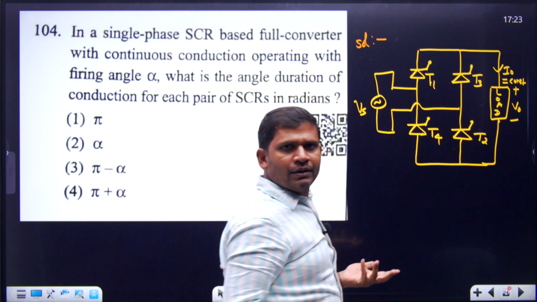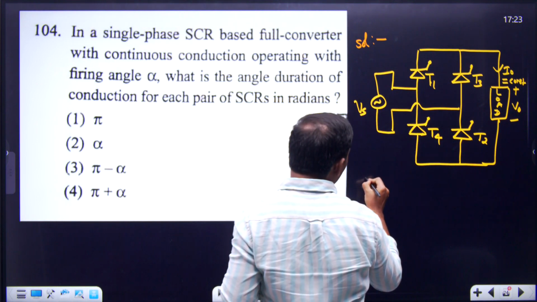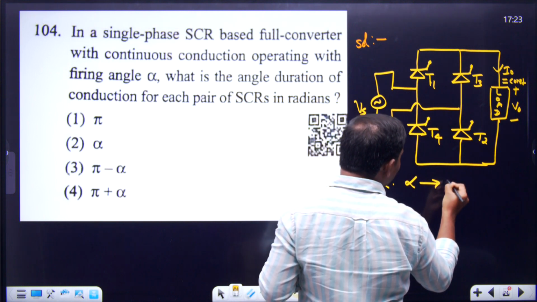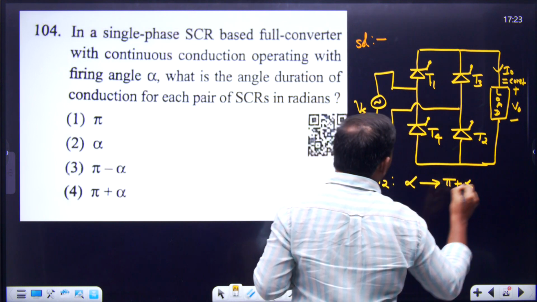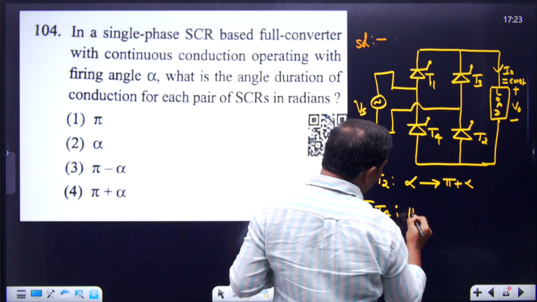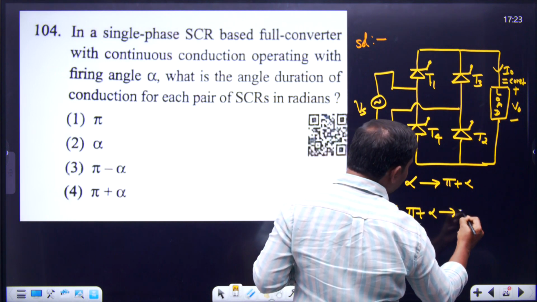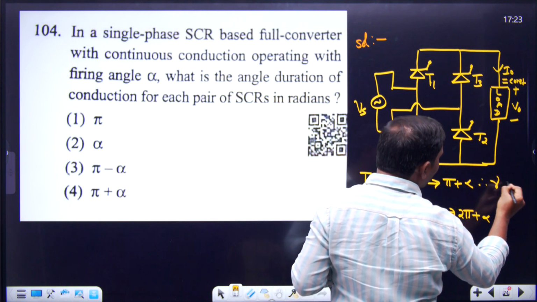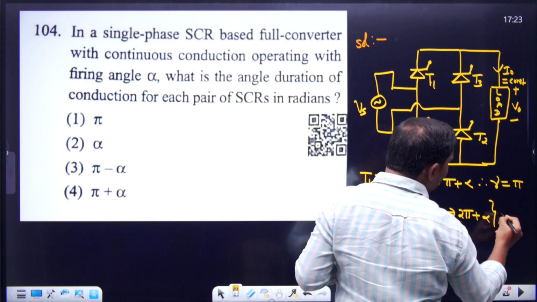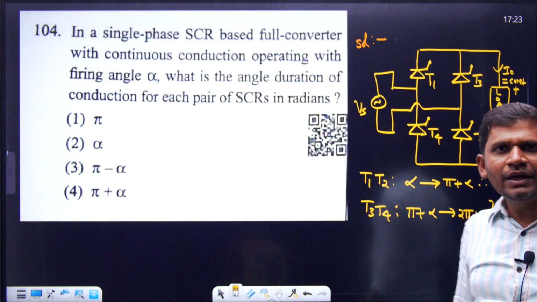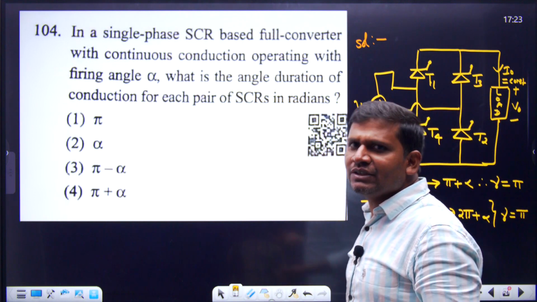We know that in continuous mode, T1, T2 conduct from alpha to pi plus alpha. Then T3, T4 conduct from pi plus alpha to 2 pi plus alpha. Then the conduction angle gamma is equal to pi. Clear? Each SCR conduction angle is pi, sir.